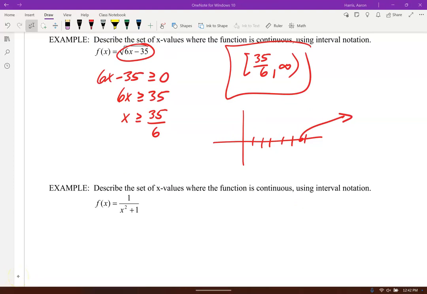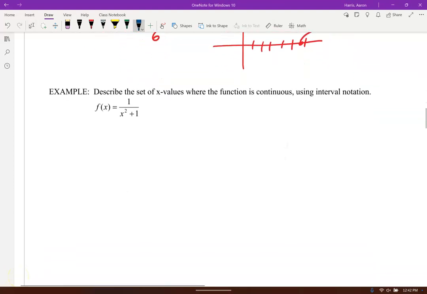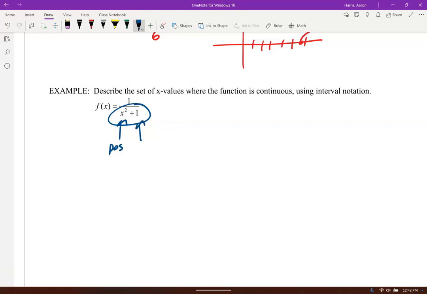All right, if I'm taking a look at this next one here, where's this thing continuous? So first thing I'm thinking is, well, I can't divide by 0, right? Is there anything that causes this to be 0? X squared plus 1. Yeah, he's right. There's nothing, right? Because if I square that, this is always positive. And then if I add 1, I'm still positive.